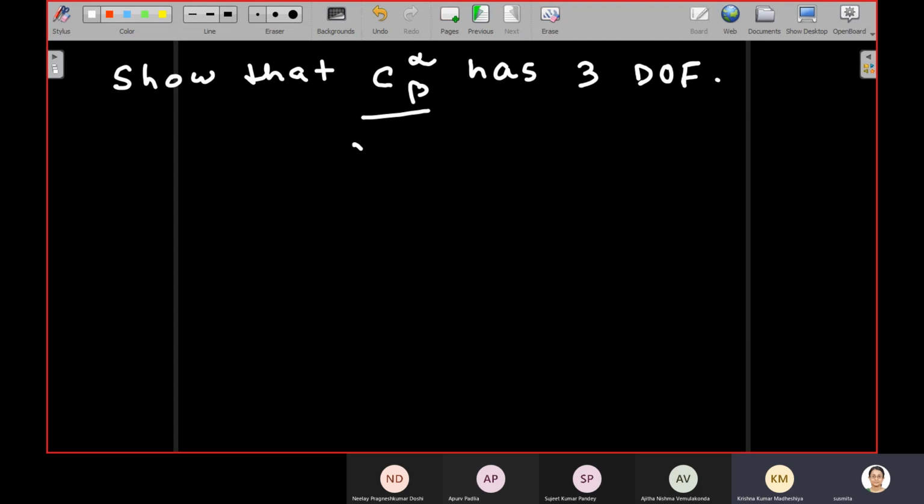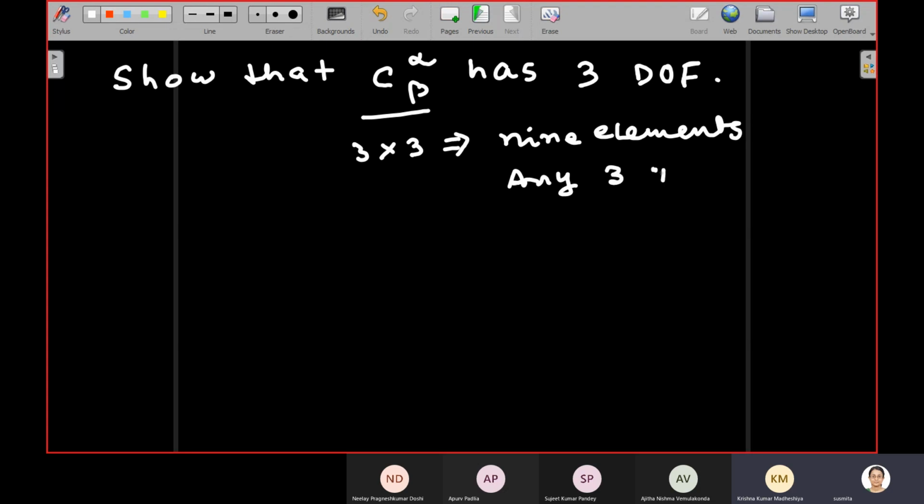So this is a 3 by 3 matrix, right? 3 by 3 matrix means it has 9 elements, correct? Now of these 9 elements, any 3 elements you can choose freely.